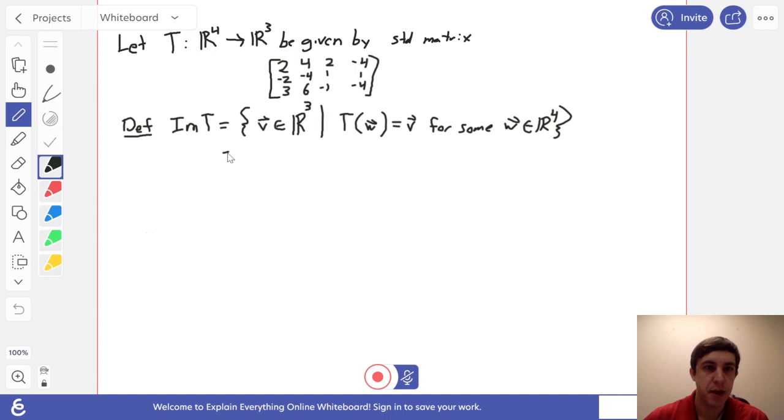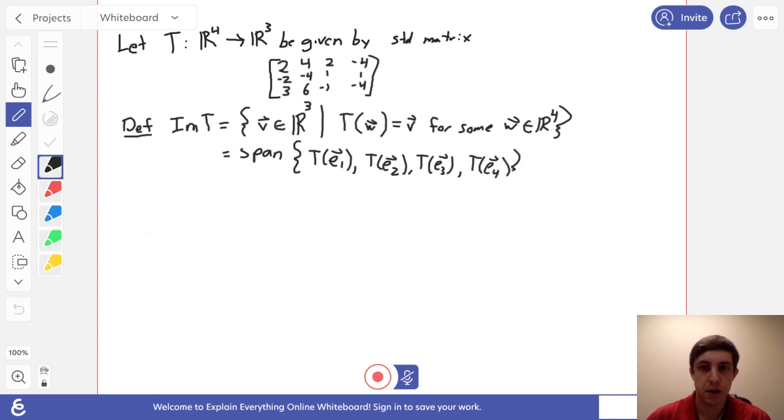Formally, we would say that our image is given by the span of the images of our basis vectors: T of E1, T of E2, T of E3, and T of E4.